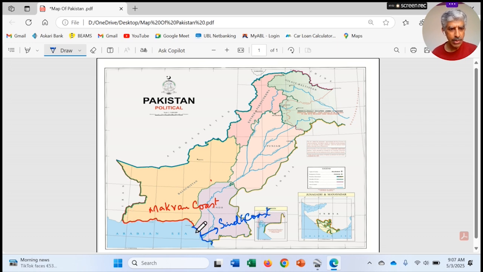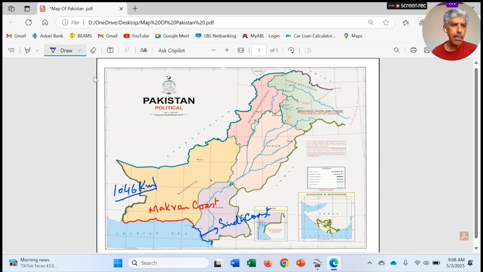So the whole length of the coastal area, including these two red and blue lines, the total length of the coastal area of Pakistan is 1046 kilometers.